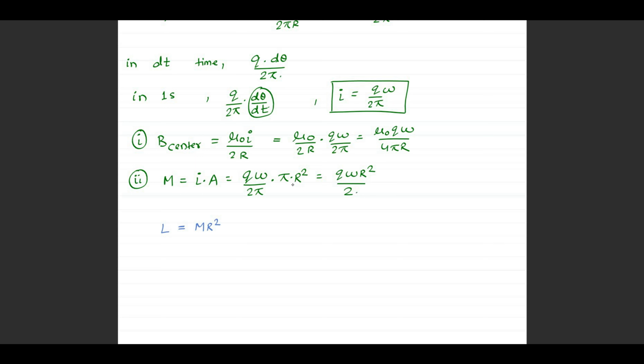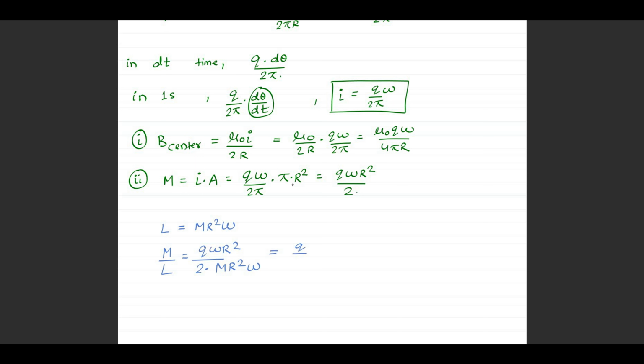Now look at this value. If I put the value of angular momentum, it should have been m r square into omega.